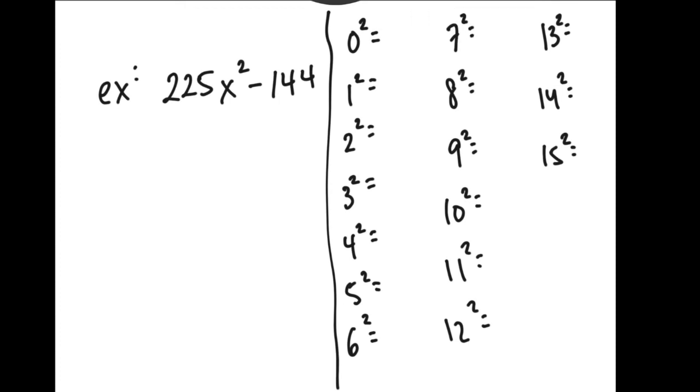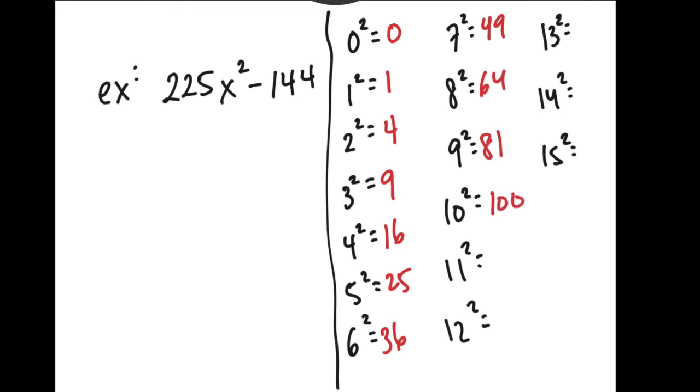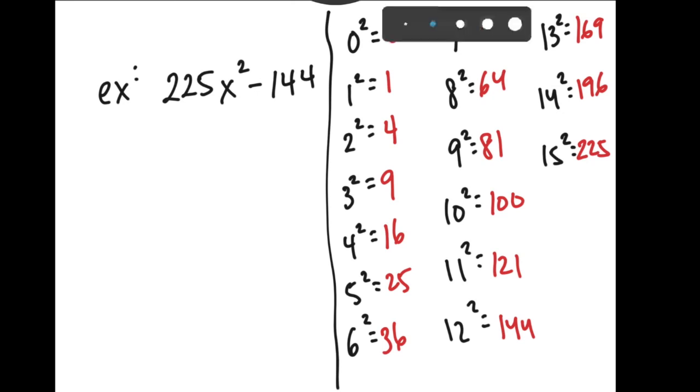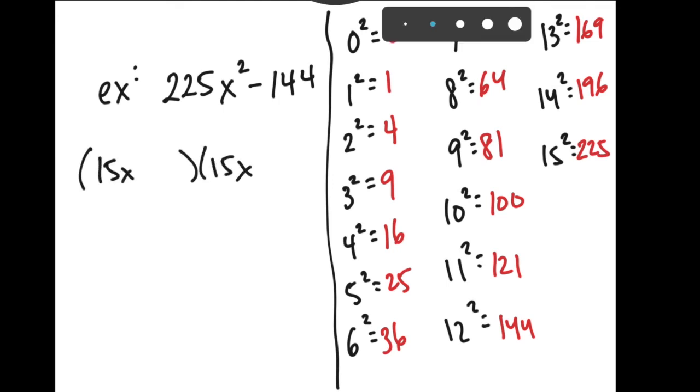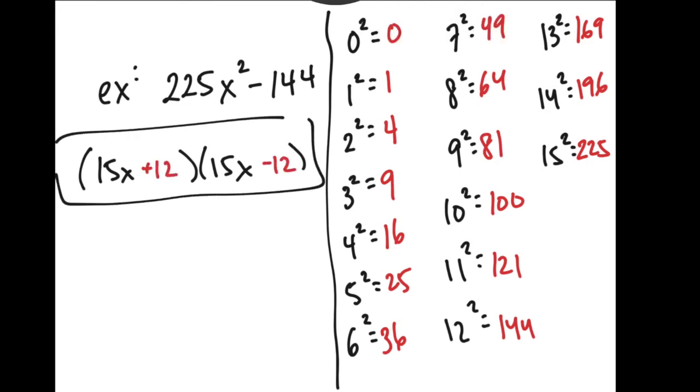So 0 to the second power, 1 to the second power, 2 times 2, 3 times 3, 4 times 4, 5 times 5, and so on. And I hope you remember these numbers. So 225, if you look on the side, that will be 15 and 15. 144 is 12 and 12. So there is the answer.